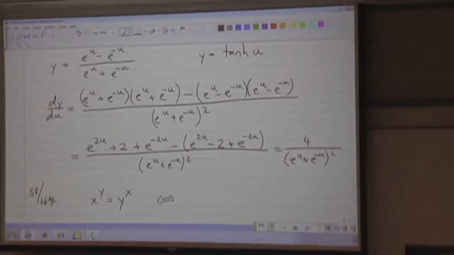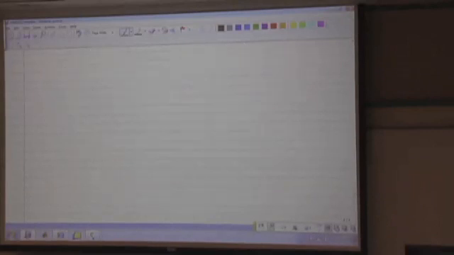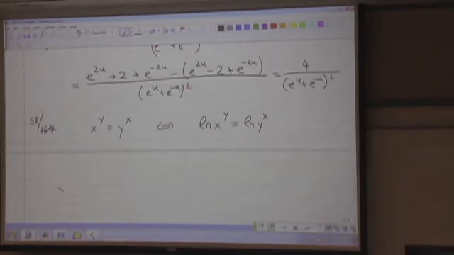ln of x to the y equals ln of y to the x, which says y, we use the butterfly effect. y ln x equals x ln y.